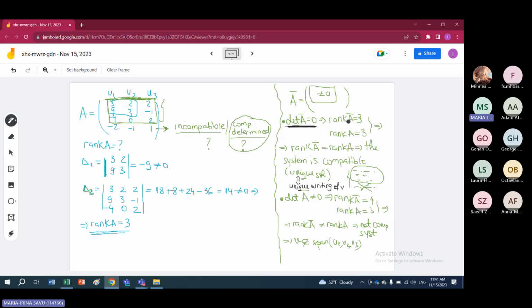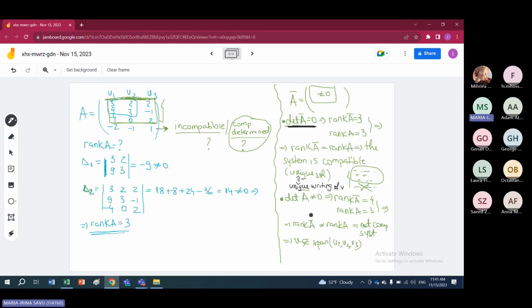So if they are independent vectors, it means that you will have a unique solution or not. And if they're not independent, this is equivalent to the fact that you don't have an independent system of vectors.